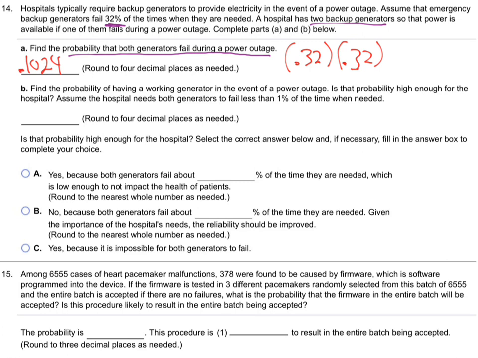Now B, find the probability of having a working generator in the event of a power outage. Is that probability high enough for the hospital? Yeah, it's weird words.